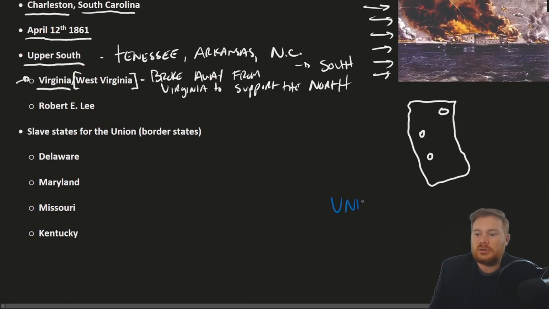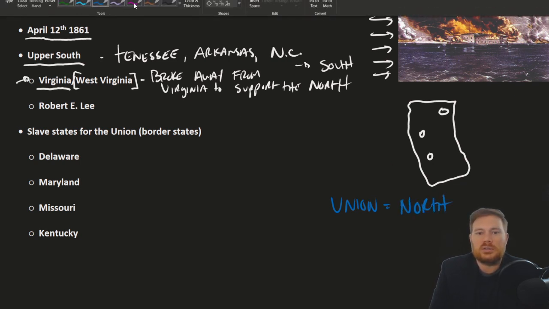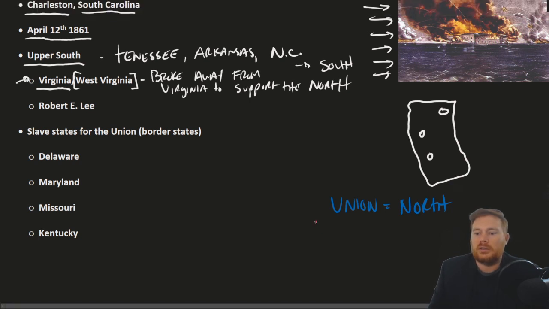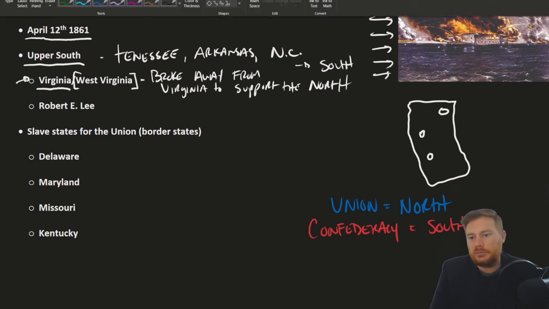The Union refers to the North. And let's do this in, I was going to say gray, but we can do it with red, the Confederacy, which is the South. So these terms will be used interchangeably: Union, Confederacy, North, South. So, North versus South, Union versus Confederacy, same difference.